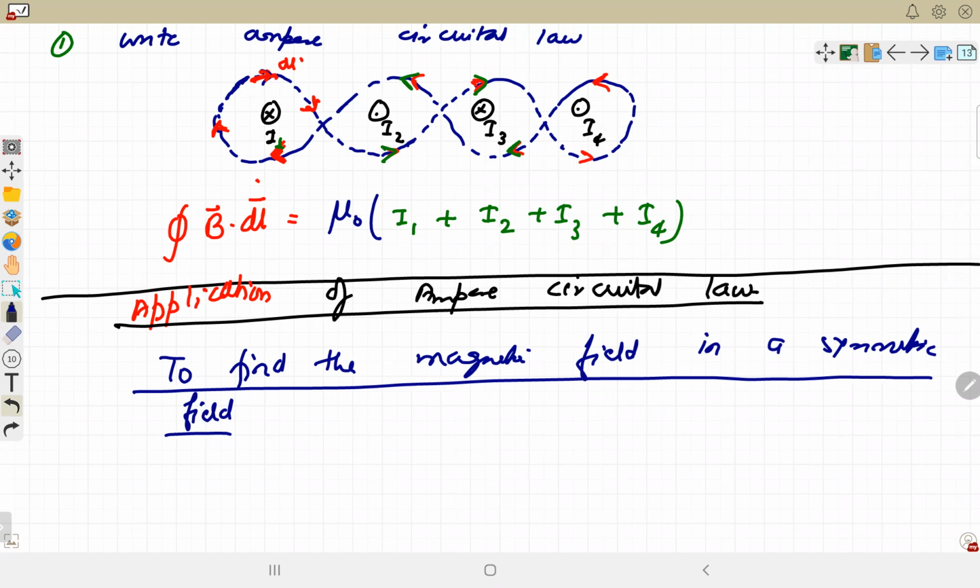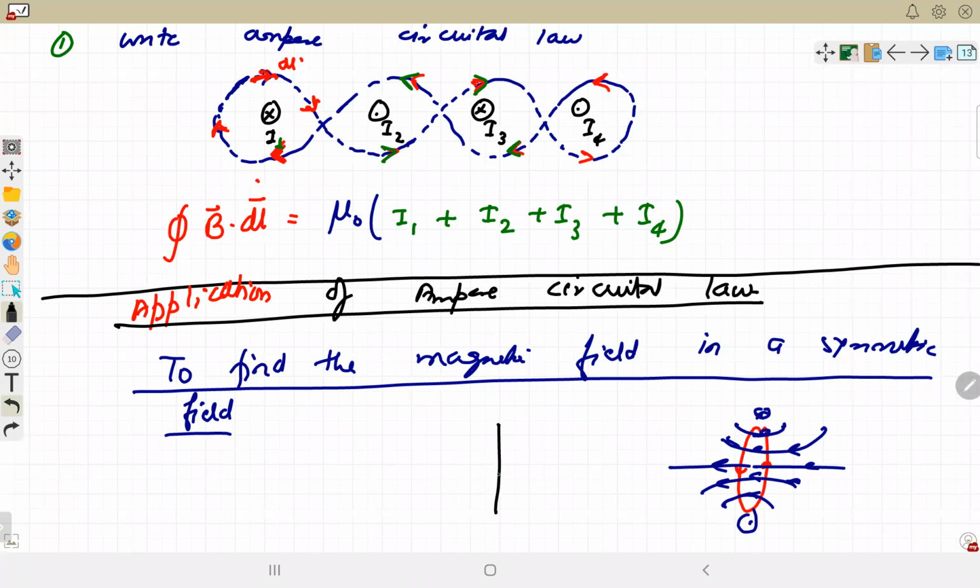Like for example, if you want to derive the formula for magnetic field due to circular loop, is the magnetic field of a loop a symmetrical field? No. Only on the axis it is a straight line, otherwise it will become curved because this point is not symmetrical, just like the magnet. So it will make a closed loop. Obviously this magnetic field line is not symmetrical, so we cannot use Ampere's circuital law. Well, we can use Ampere's circuital law, but the formula of magnetic field cannot be derived.